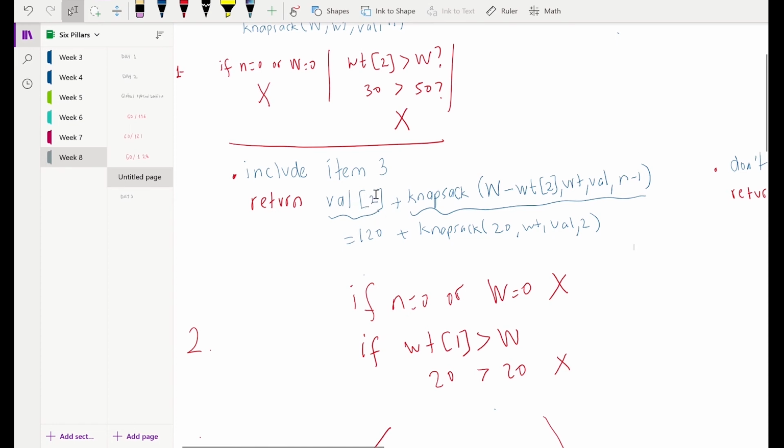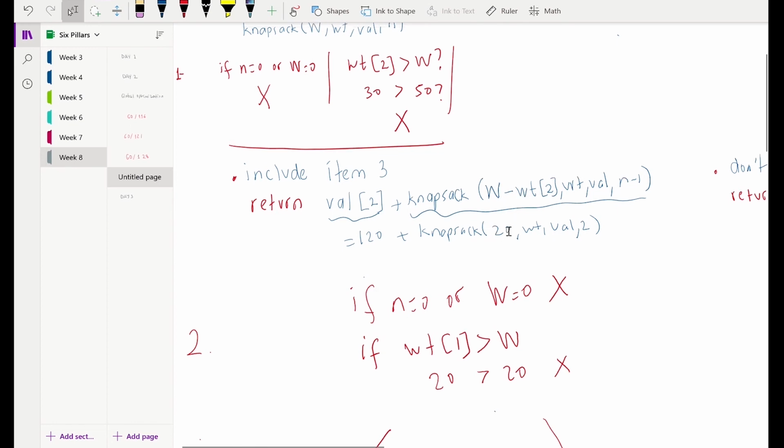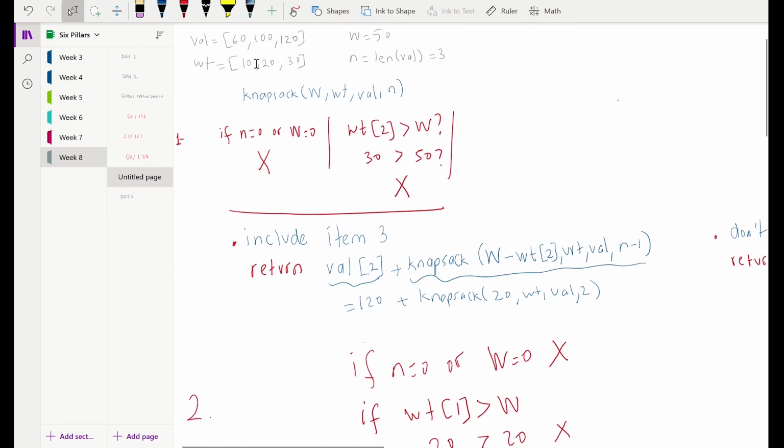The value of the third item is 120, and after that the remaining capacity is now 20 because the weight of the third item was 30. And we pass these arrays as they were. We are not making any changes, but now the number of items is n minus 1, which is now 2.